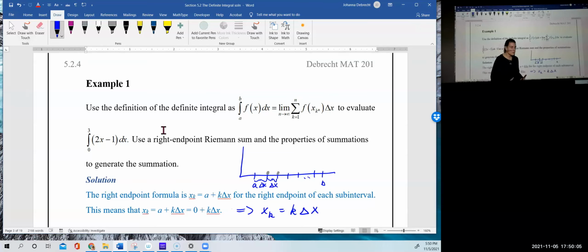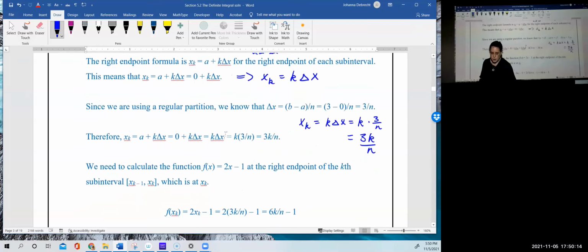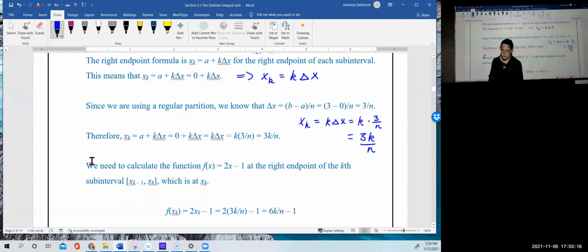We're doing the right endpoint, so we want to take our right endpoints and plug them into the function. So we have this representation now for what the right endpoints are, which is 3k over n. And we want to take the 3k over n and plug it into our function in place of the variable x.